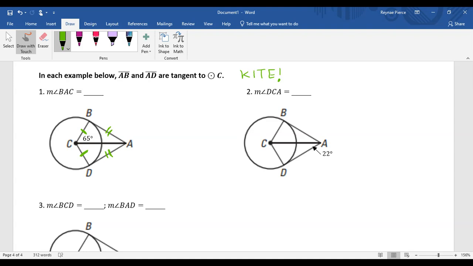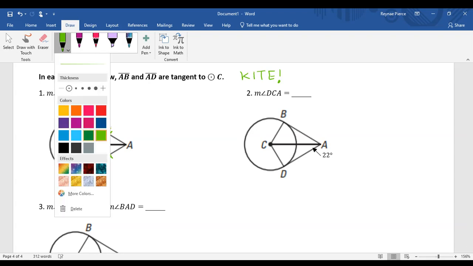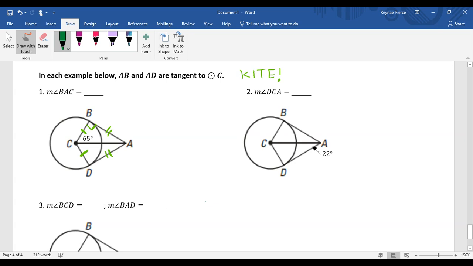Since AB is tangent to the circle, angle B here is a right angle. We are going to focus on just this top half of the kite, where we've got a right triangle.